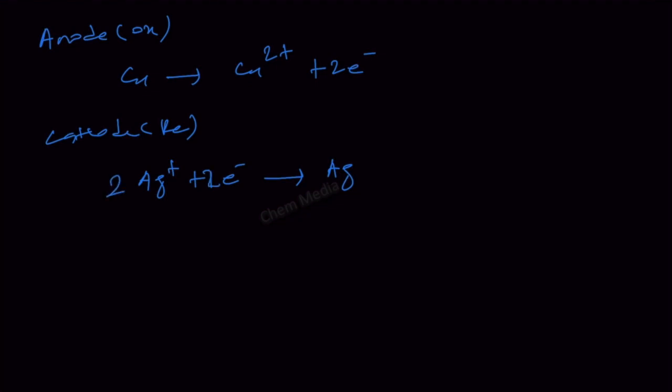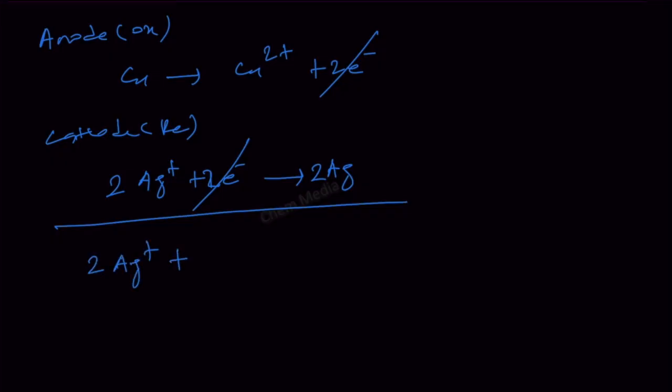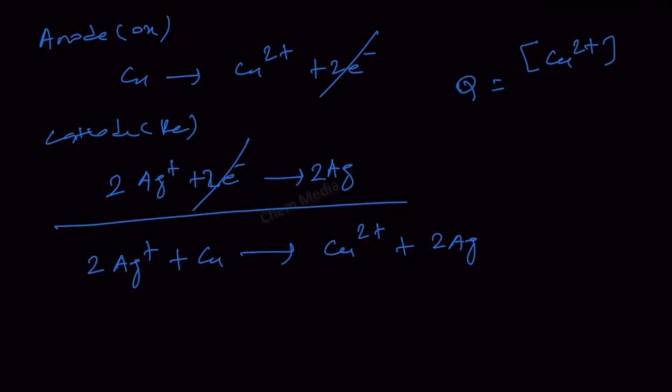So this is 2, this is 2, and this is also 2. Therefore the 2 electrons cancel, giving 2Ag+ + Cu → Cu2+ + 2Ag. The quotient is the product Cu2+ concentration divided by reactant Ag+ squared, because we have the stoichiometric coefficient 2 here. We don't write the solids in the reaction quotient.